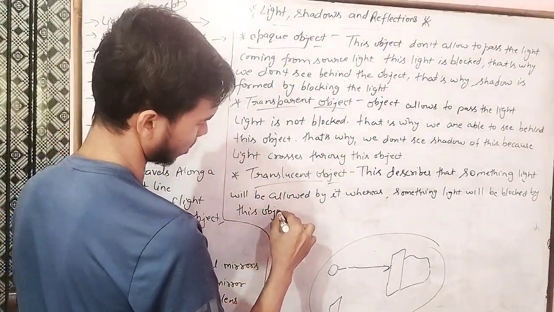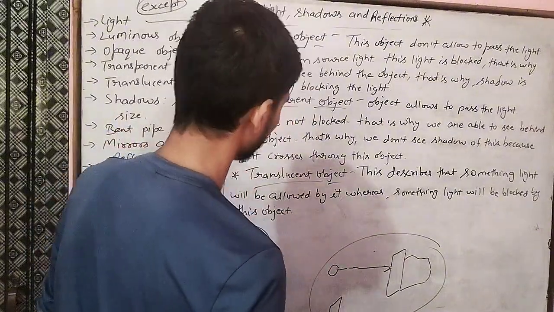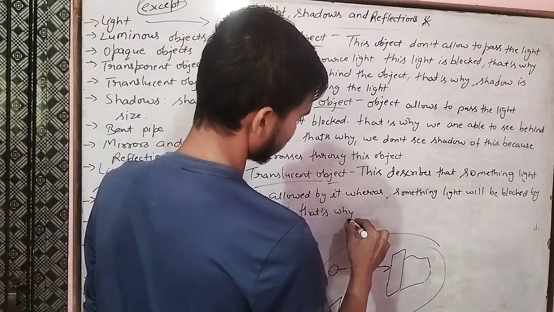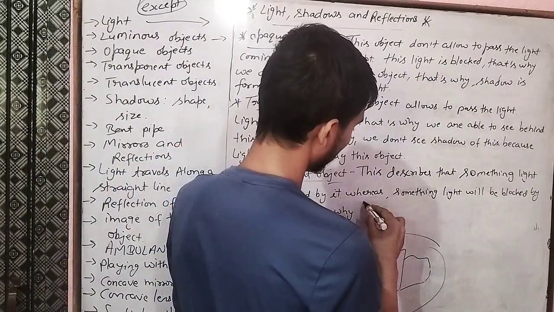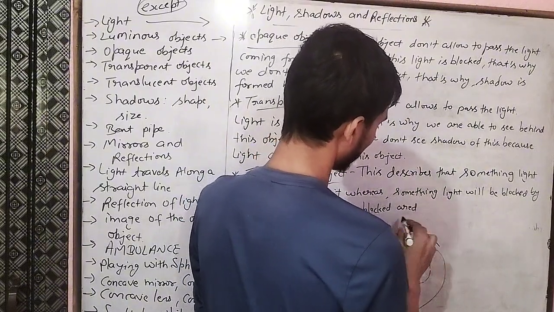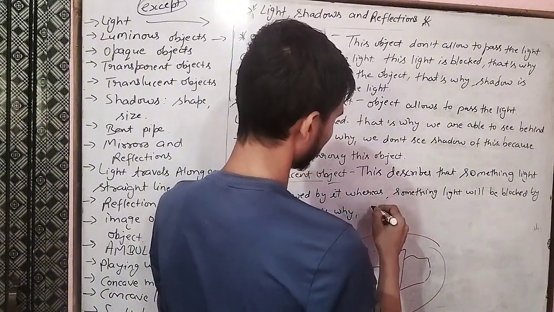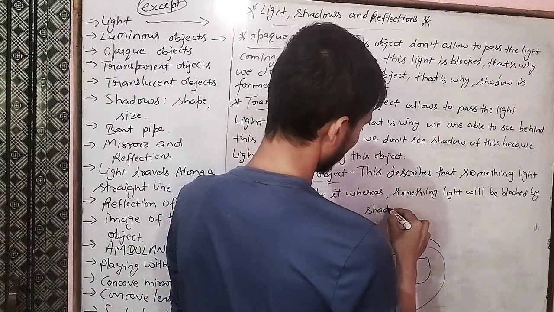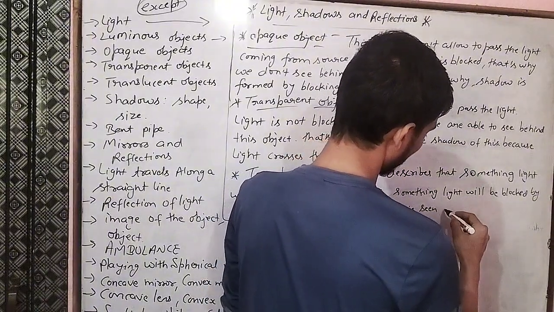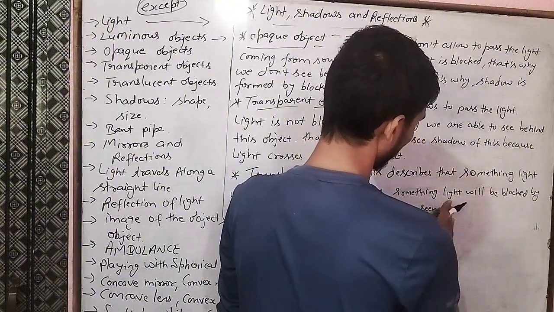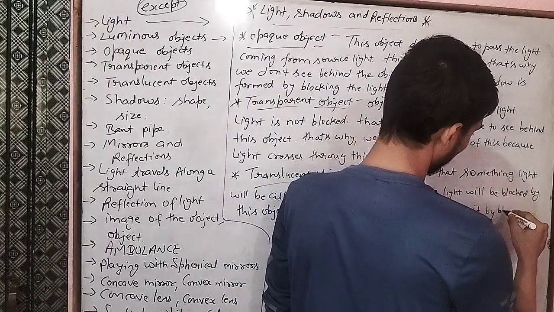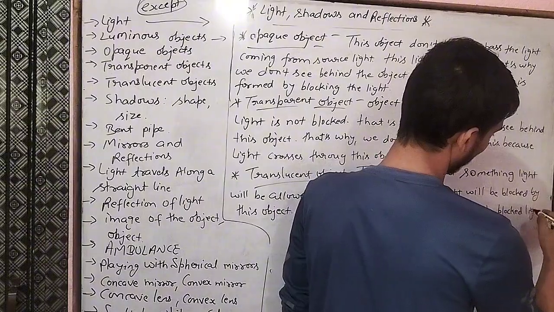That's why the blocked area, that's why a shadow is seen behind it, by blocked light.